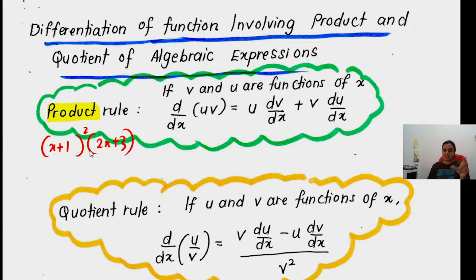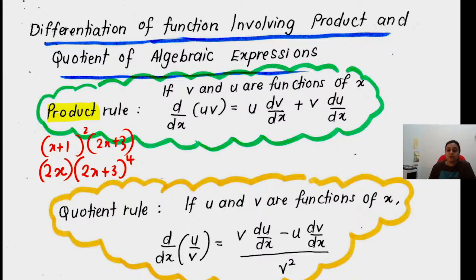Then you should know that you must use product rule. Sometimes you will see 2x in front, and then 2x plus 3 power 4. Like this also we use product rule because in front got one term 2x. 2x is known as a term. So that is also a product rule.